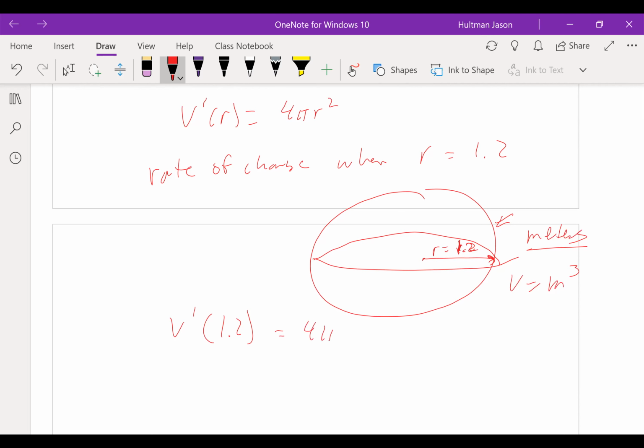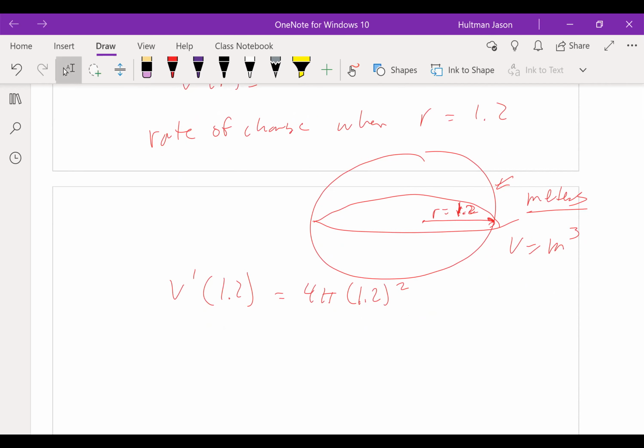So this is going to be 4 pi times 1.2 squared. Okay, this is going to be 4 pi times 1.44. So that's 5.76 pi.